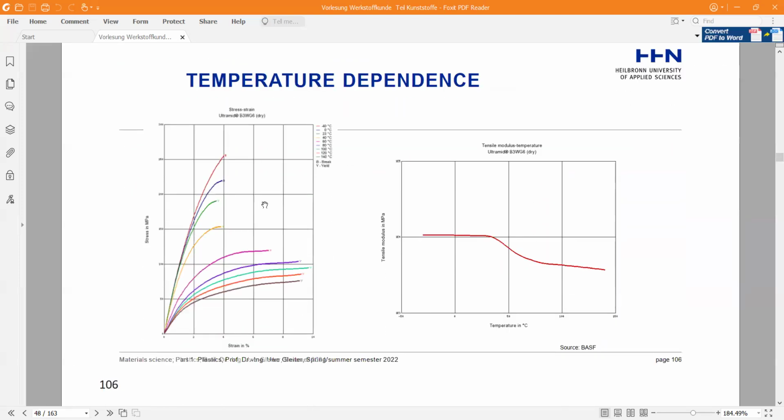Here we have a temperature dependence. On the horizontal axis we have the strain in percentage, and on the vertical axis we have stress in megapascals. And in the second diagram we have temperature in Celsius and tensile modulus in megapascals.